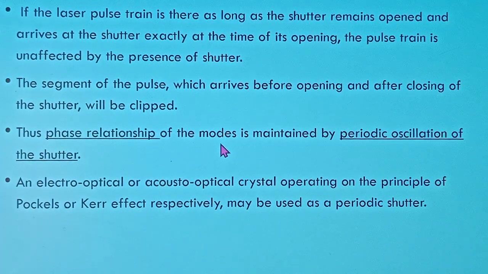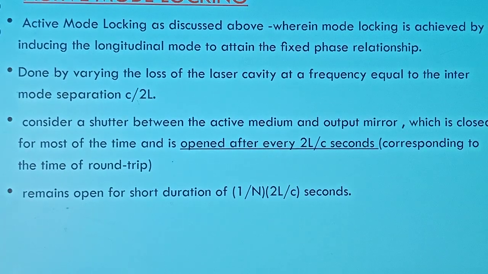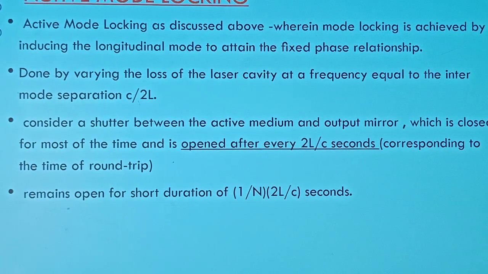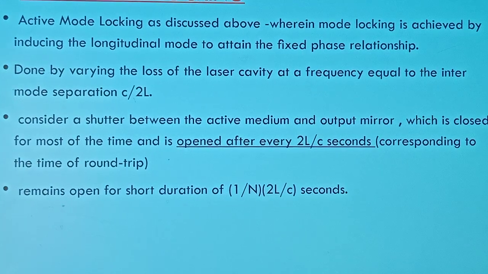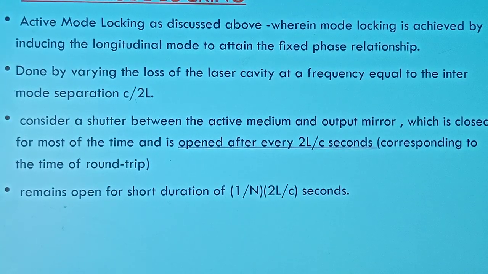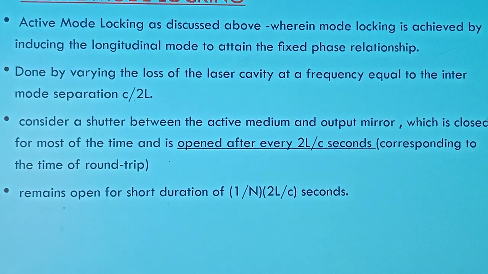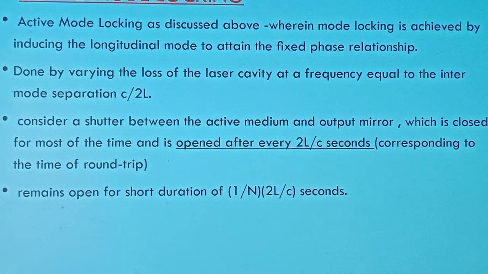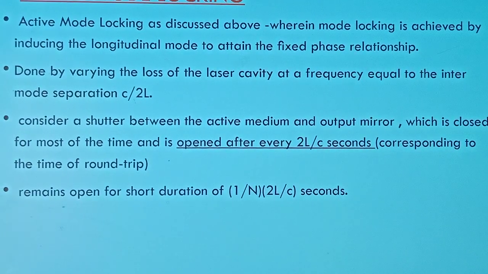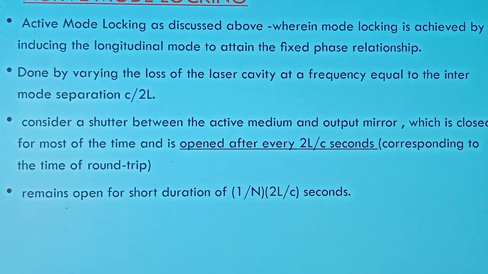So what does this mean? It means when you place a shutter in between the active medium and the output mirror, I will show in the following slides pictorially, you will understand it better.